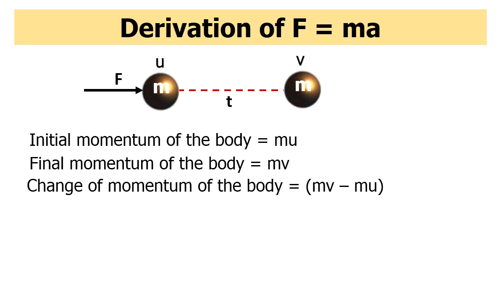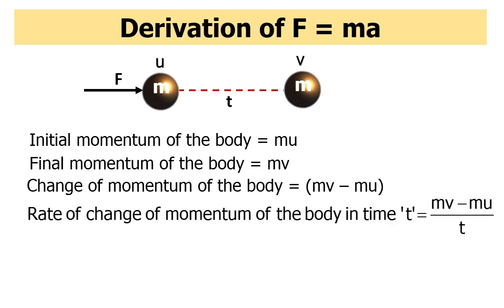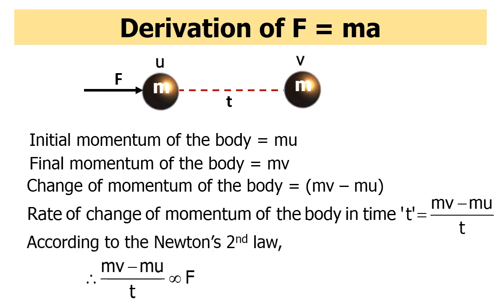Now the rate of change of momentum of that body is mv minus mu by t. From Newton's second law, we know that the rate of change of momentum of the body is directly proportional to the force, so we can write rate of change of momentum is directly proportional to force. Here we see that m is common, so we can write that equation.